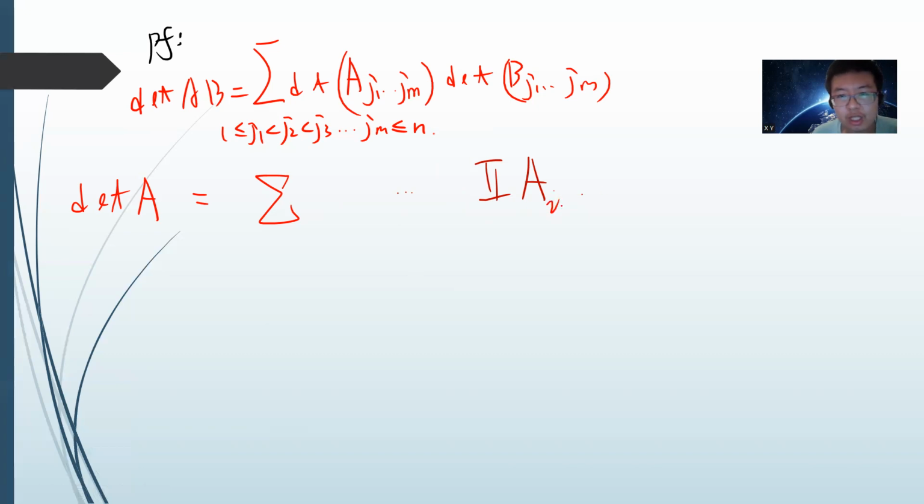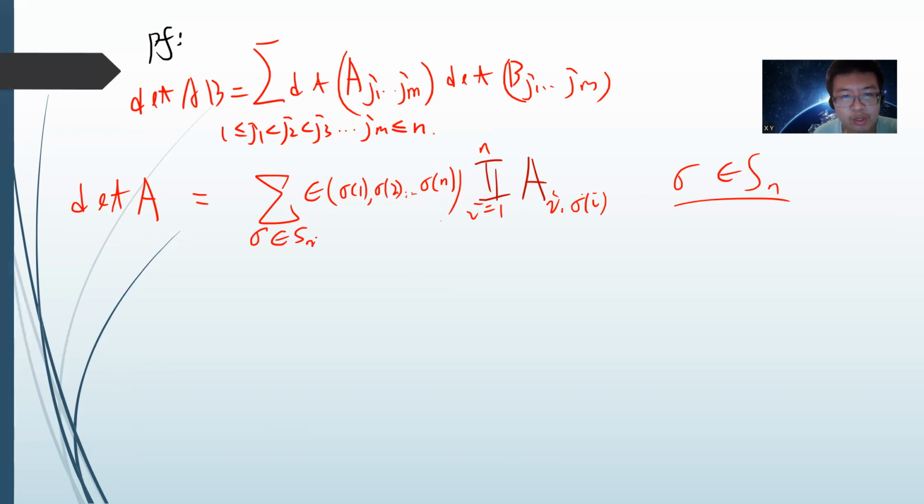Let's write it as A with index I, sigma I, right? So I from 1 to n, and for each sigma, which is a permutation, you take the sign, which is epsilon of sigma 1, sigma 2, up to sigma n. And there's a sum over all the permutations. Okay, so this is the determinant. Hopefully it's familiar to you.